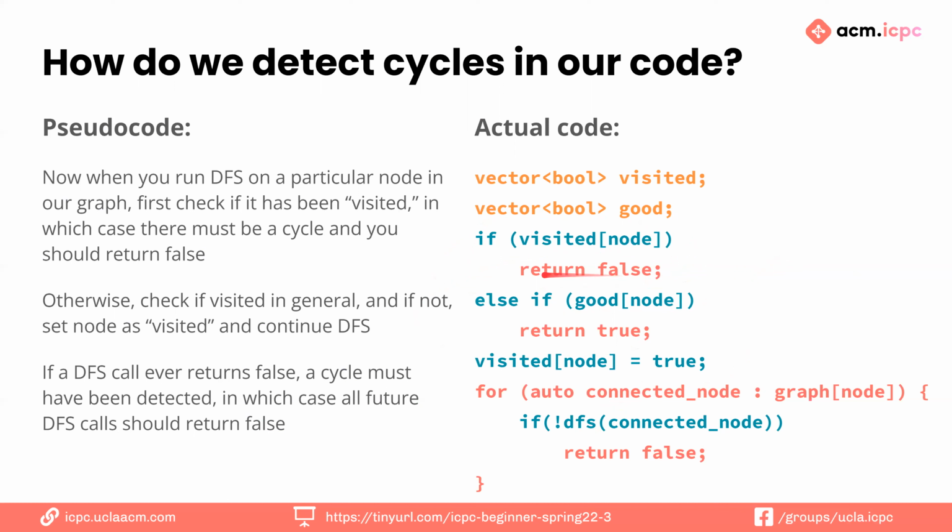If we find a good node, we return true. That means there are no cycles. Then we set it to visited, and for each unvisited neighbor, if it returns false, that means we found a cycle, so we return false immediately. Otherwise, we return true at the end.